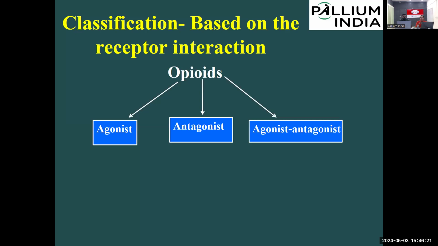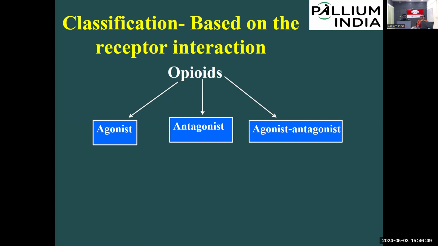Whereas an antagonistic drug, what does that do? Naloxone is a morphine antagonist. It acts on the mu receptor and binds with it, but does not produce any effect. It does not allow morphine to bind with the receptor site and produce its effect. So that is the antagonist.